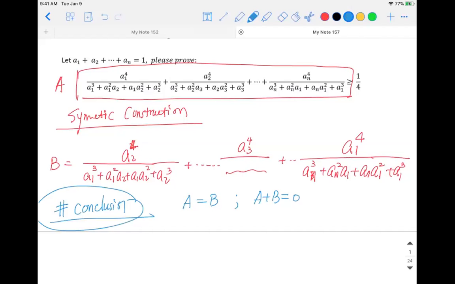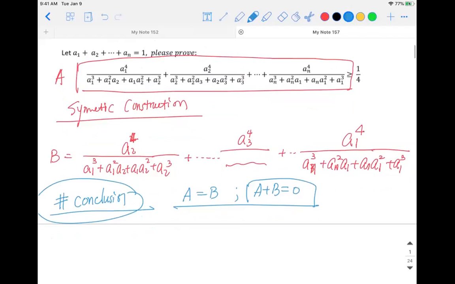Or maybe not impossible, because a1 all the way to an have to be positive integers. No, they don't have to be positive, guys. Or you might have something like A times B equals 1, or A squared plus B squared equals 1. You're always going to find some very brief relationship between A and B. So this is the trend for most of these problems.